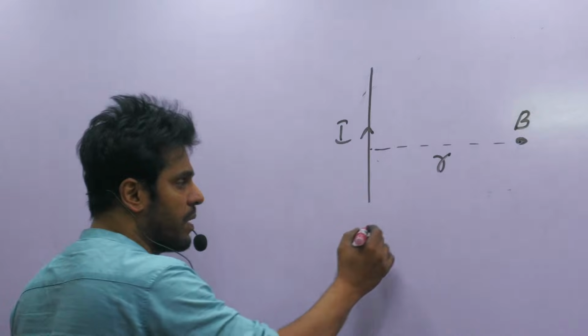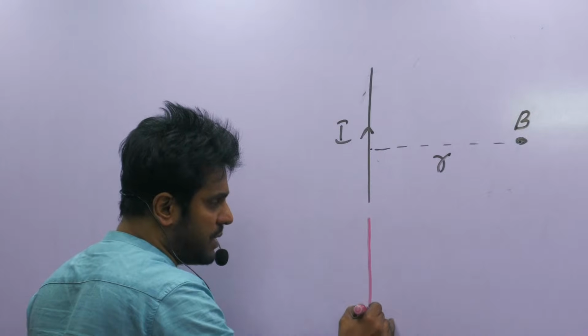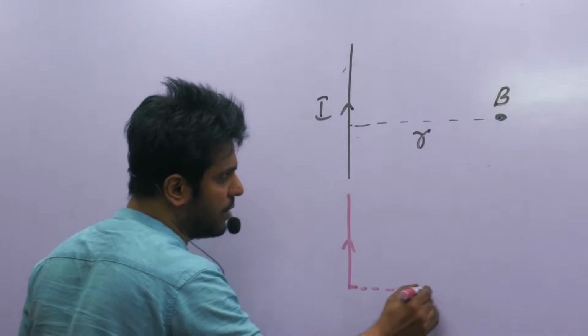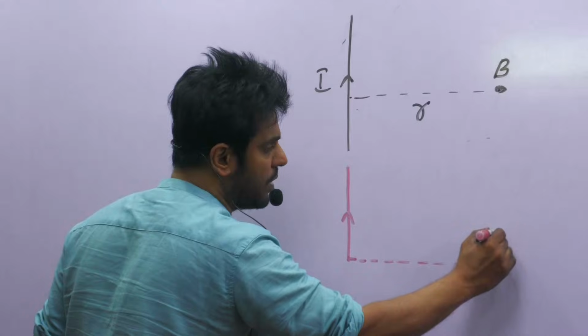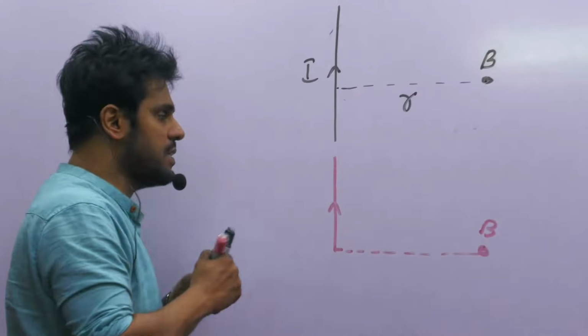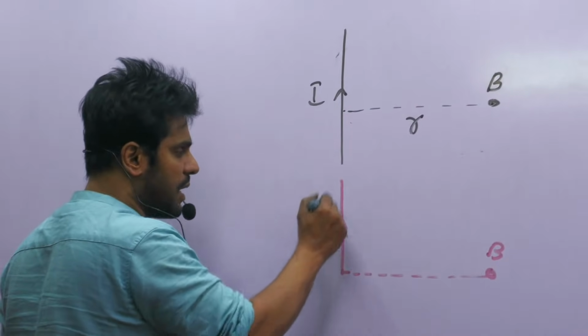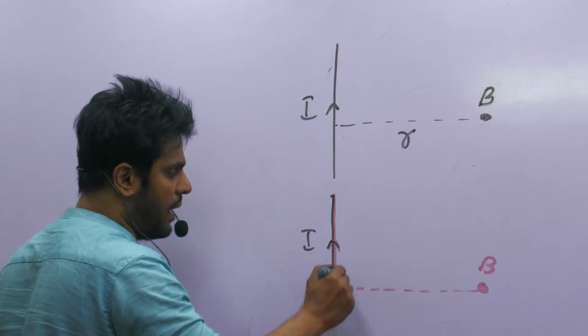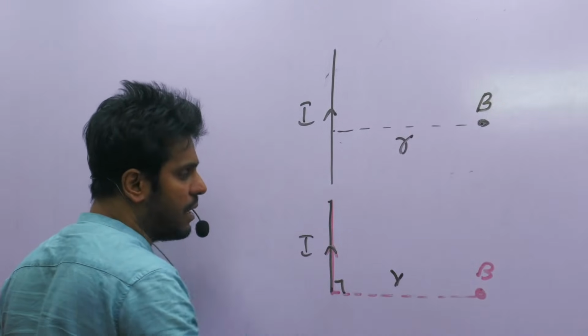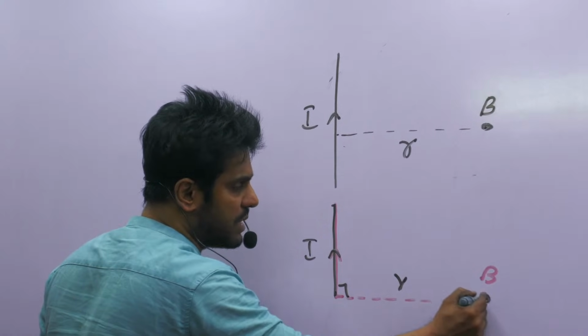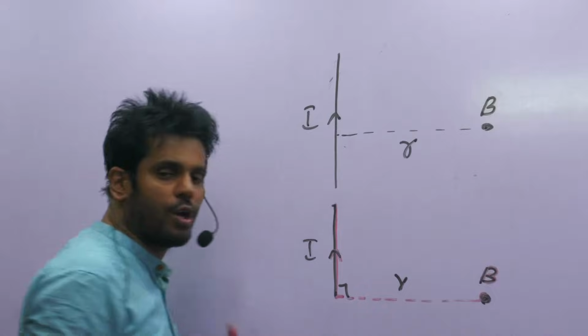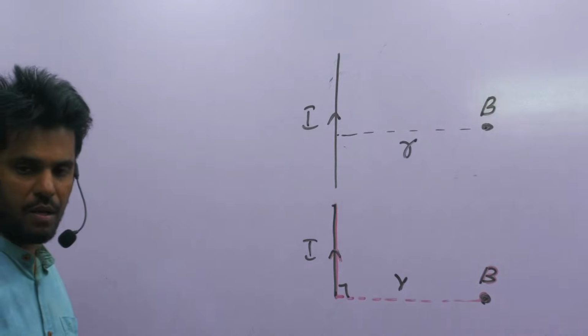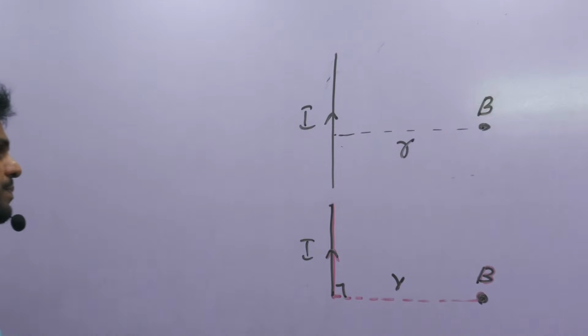The second one, current exists on one side from the necessary point. You can see this is the current, and this is the distance R, and this is the necessary point. This is the point at which you are going to find the magnetic field. Right, next one.